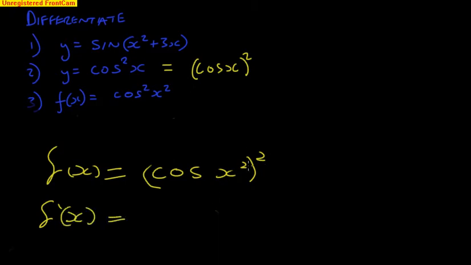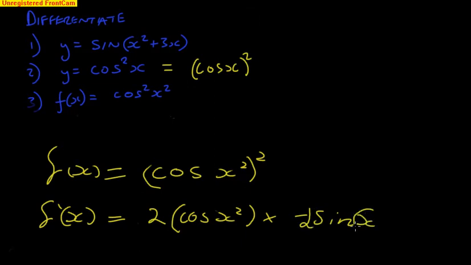the function for the derivative of x is equal to 2, drop down, so we have 2 cos x squared multiplied by the derivative of what's in there, which would be negative sine times the derivative of that, which is 2, so it'll be negative 2 sine x.